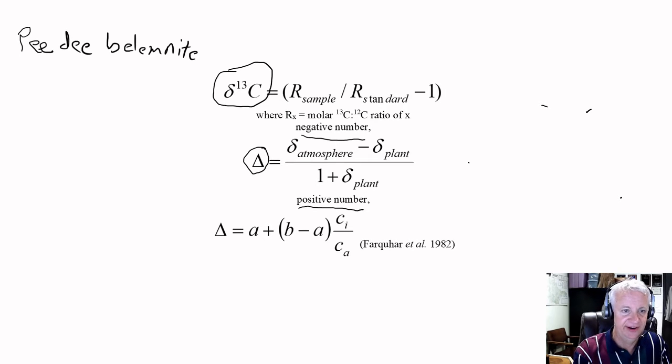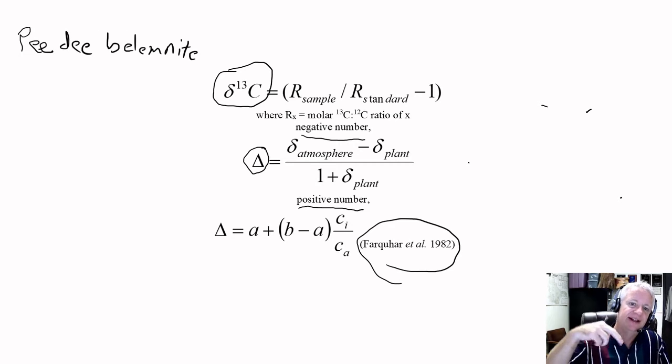So all of that theoretical work was worked out by Farquhar. If you want to dig down into the weeds, that's a good one to look at to understand the mechanics of all of these values. But suffice it to say that these delta numbers are just a time-integrated measurement of the relative photosynthesis to conductance ratio of plants. And that's where the value of these comes from.